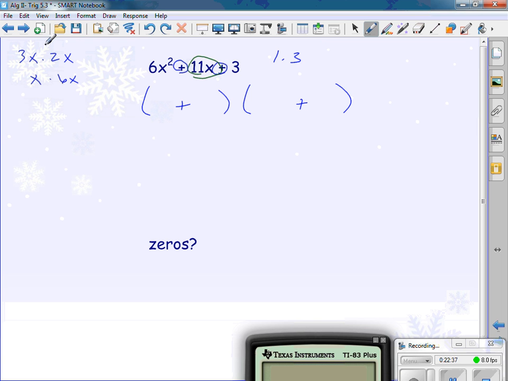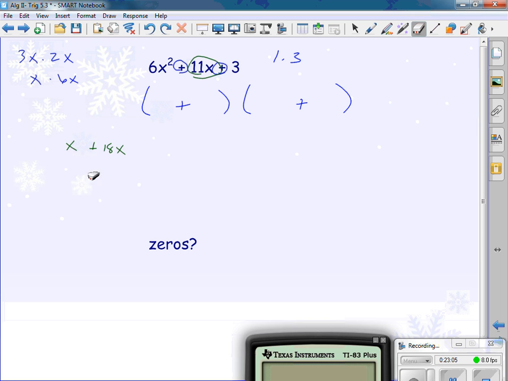So I could take 1 times 3x and I get 3x. 3 times 2x and I get 6x. Will I get an 11x? No. So that didn't work. But let's try 1 times x and I get 1x. 3 times 6x gets me 18x.